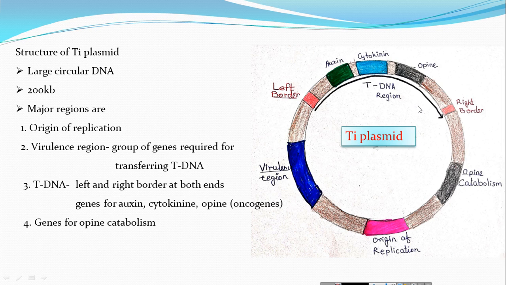T-DNA is a transferable DNA which has a left border and right border, and between these there are auxin and cytokinin synthesizing genes, which are also known as oncogenes. And there are also genes for opine catabolism. This is the structure of the Ti plasmid.